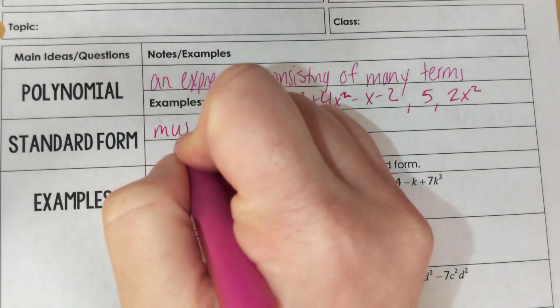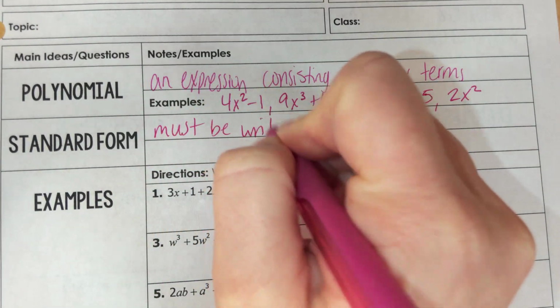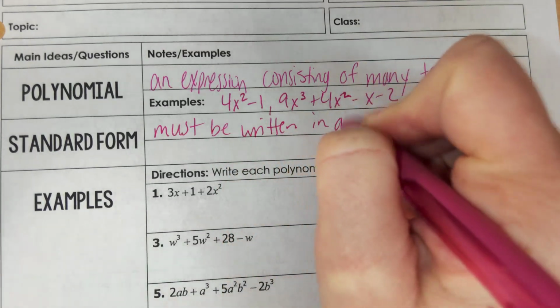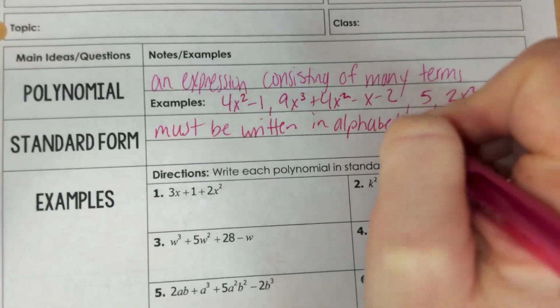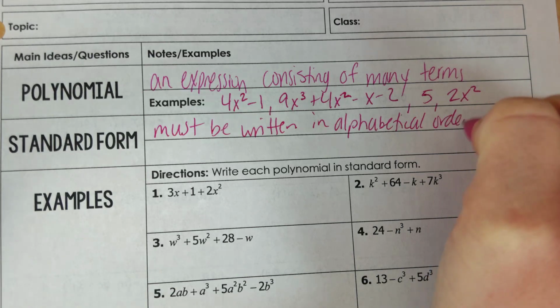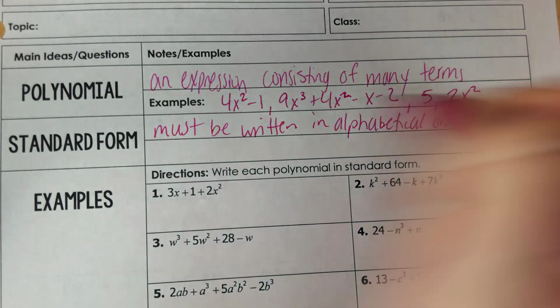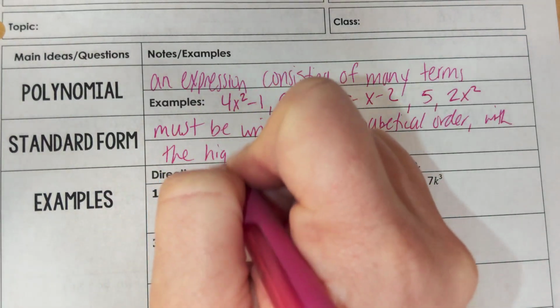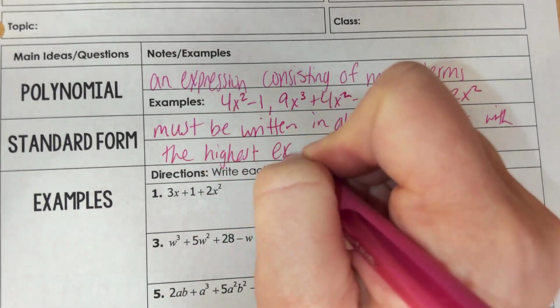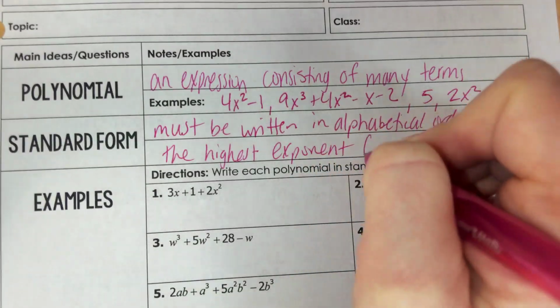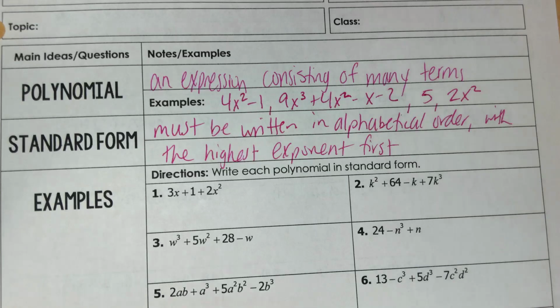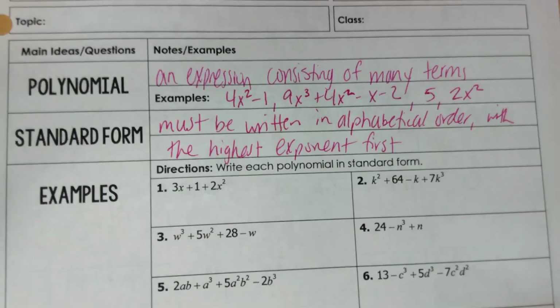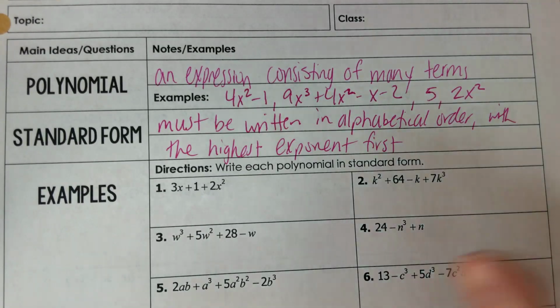And so it must be written in alphabetical order with the highest exponent coming first, the highest exponent of that alphabetical order, and then we work our way down from there.